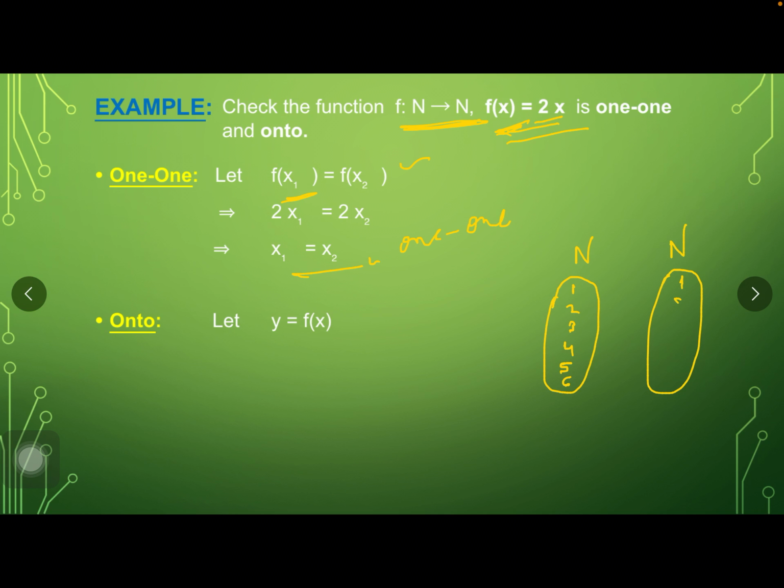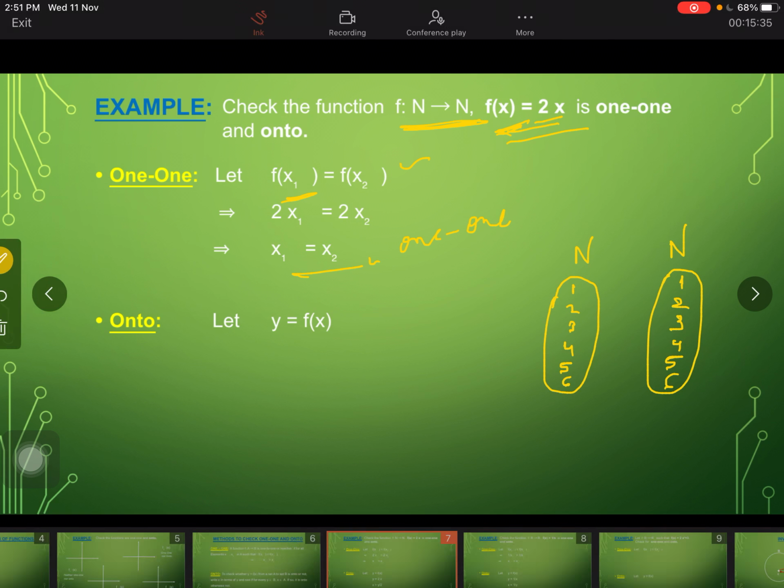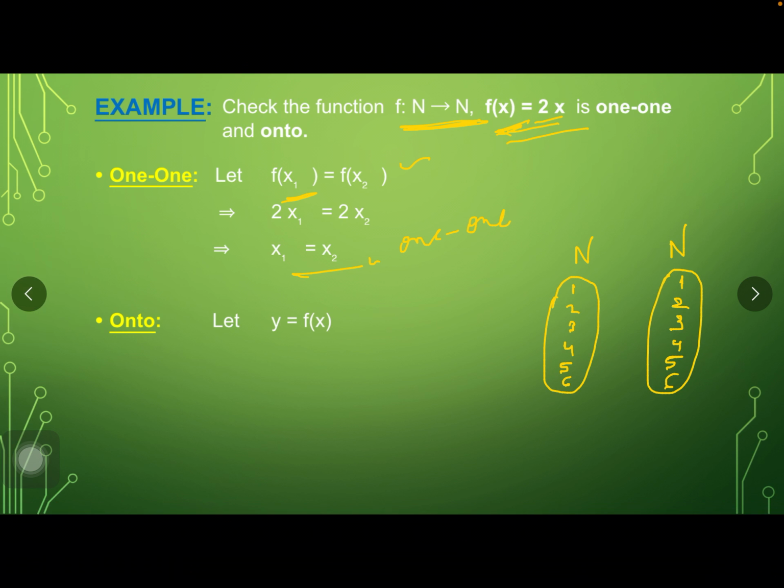Our f(x) is our image, right? And f(x) is given as 2x. So here the set is natural numbers to natural numbers. So this is the natural number set, and this is the natural number set. Here we also have the elements 1, 2, 3, 4, 5, 6, right?